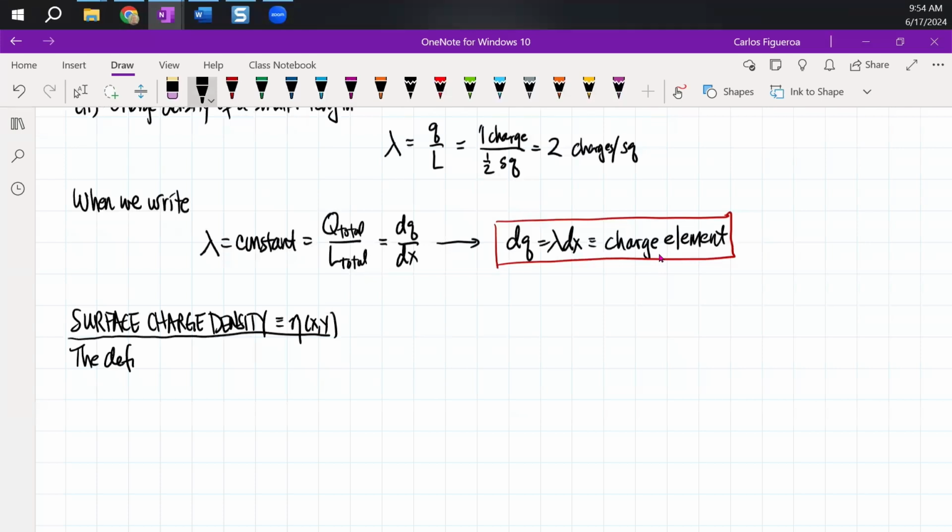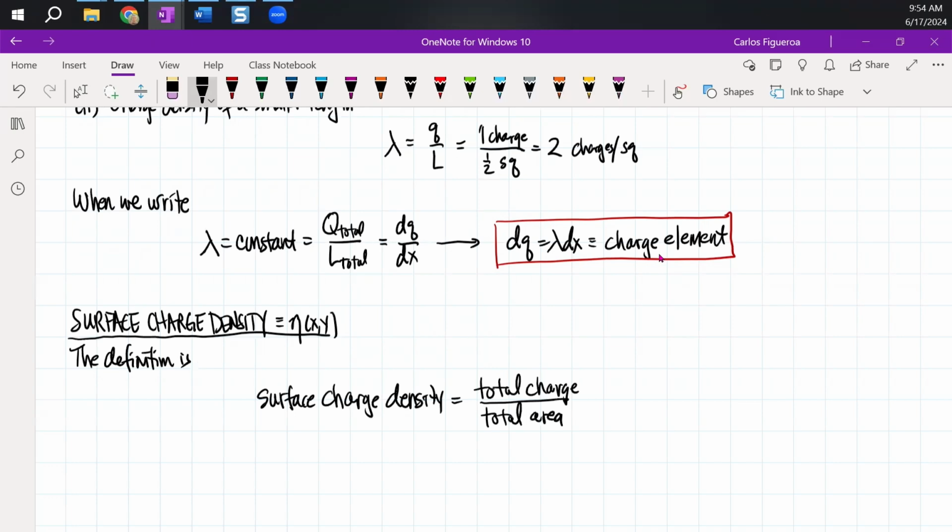The definition is that I have a surface charge density, which is equal to the total charge over the total area. So in other words, we could set eta equal to the total charge over the total area.